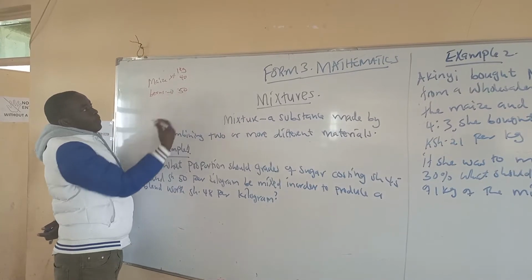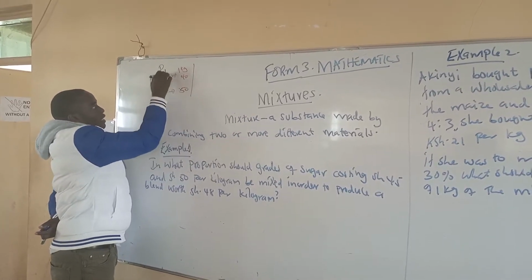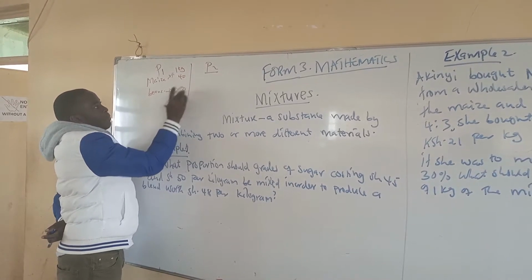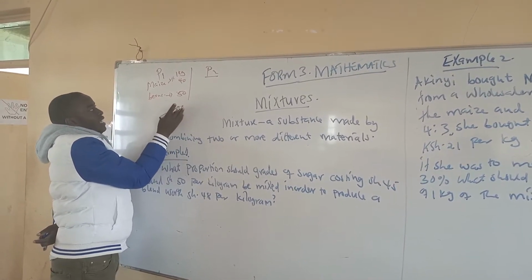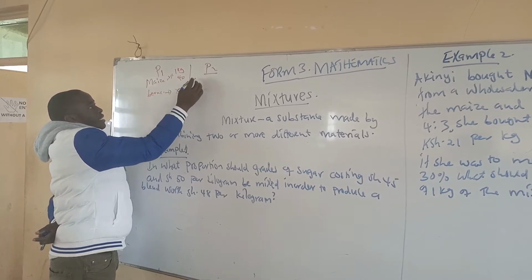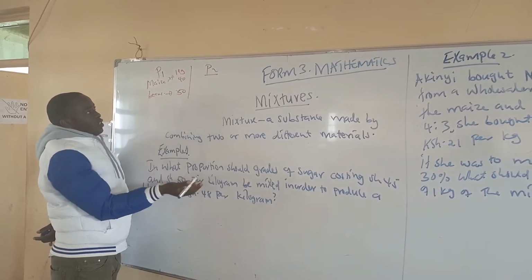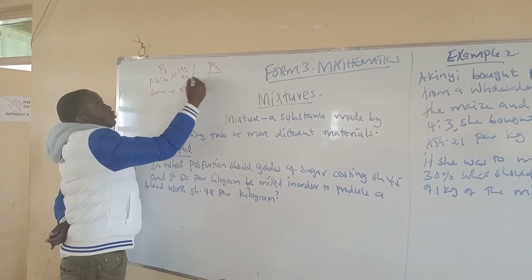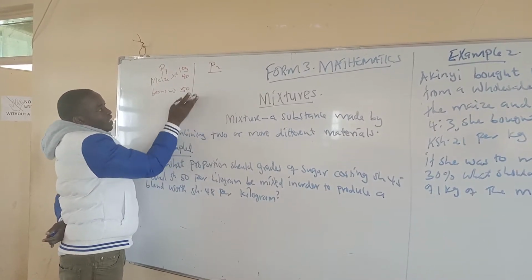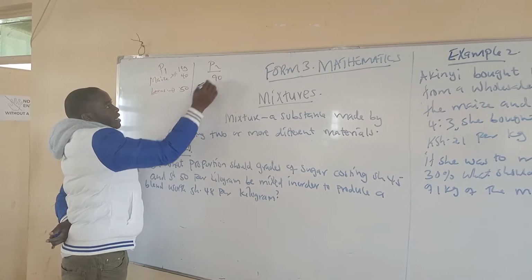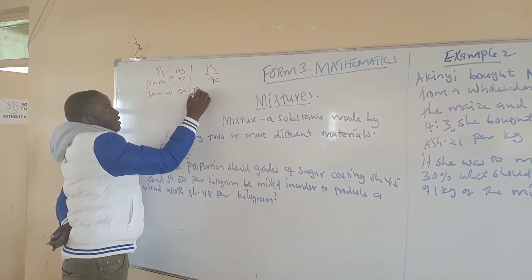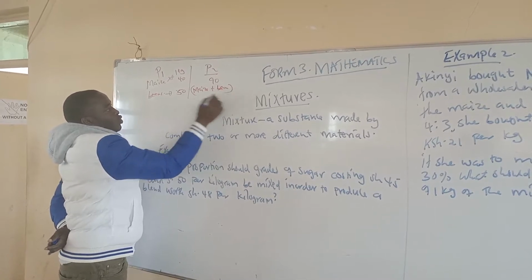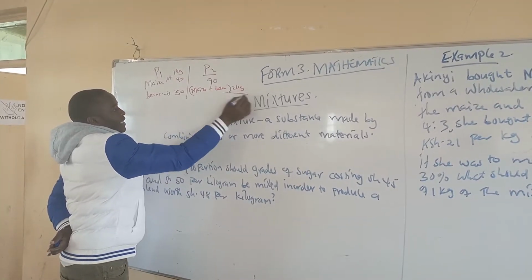And there's another person, person 2, who is selling the maize and beans mixed together: if you mix 1 kg of maize and 1 kg of beans, he sells the 2 kgs mixed together at 90 shillings.